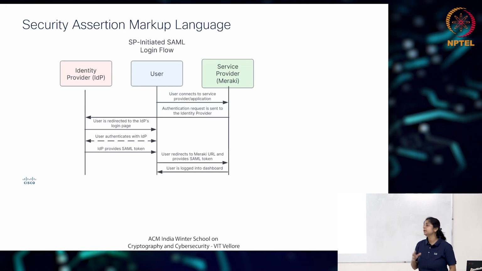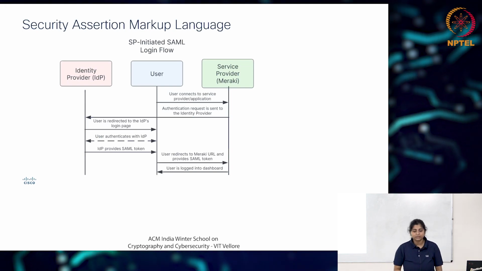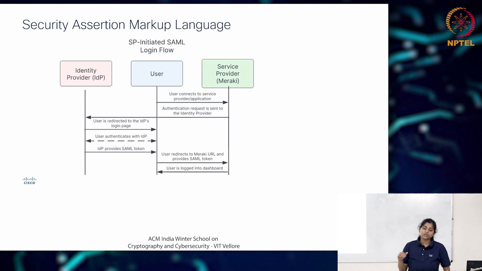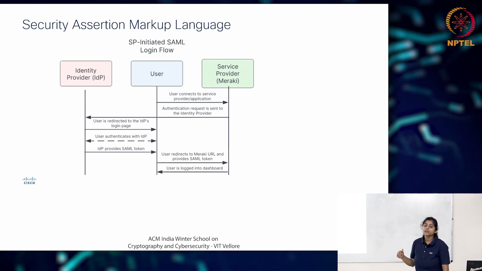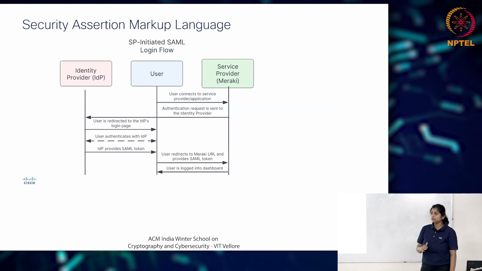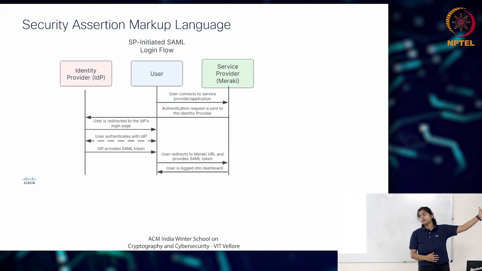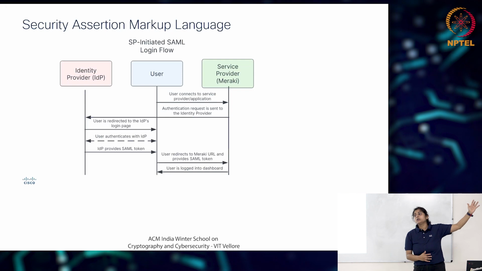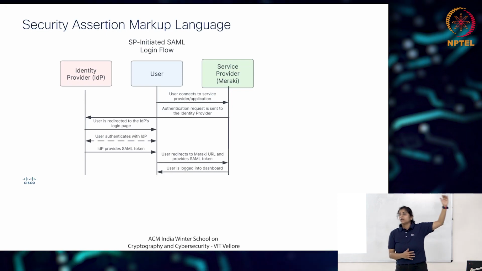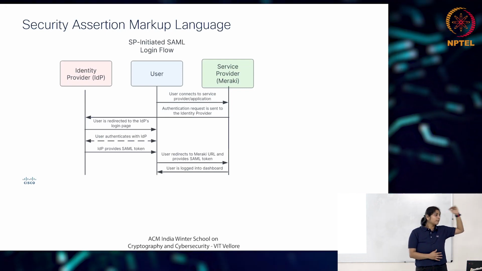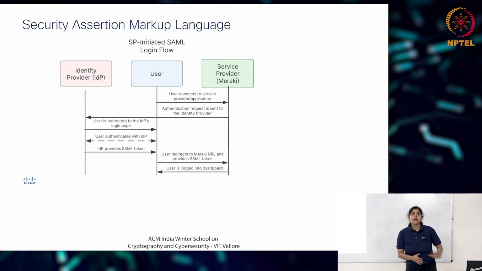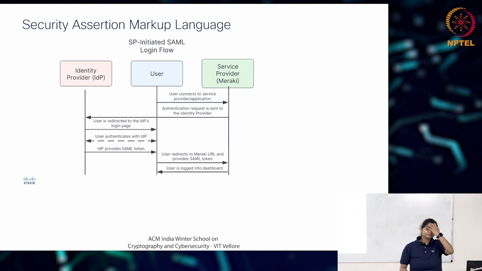By application we mean a web application, any application that you have. The authentication request is sent from the service provider and gets forwarded to the identity provider. The identity provider can be your Azure AD, AWS AD, or Microsoft AD, or any Active Directory you might have.